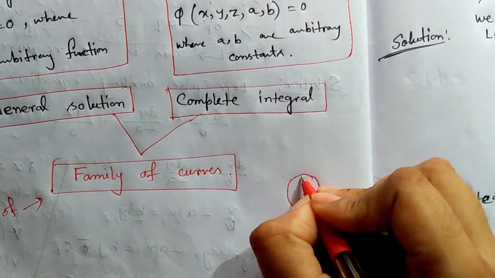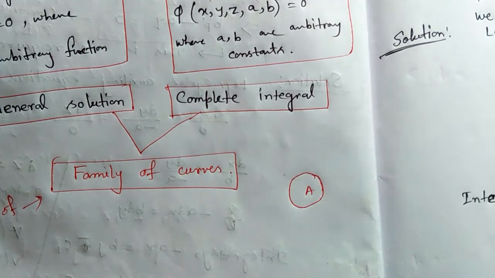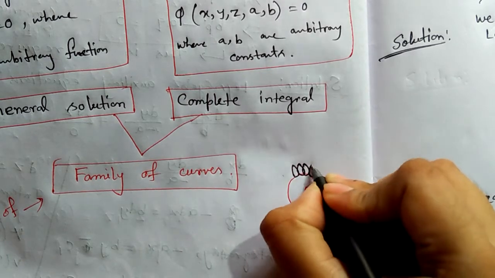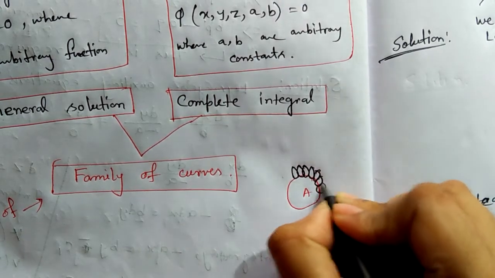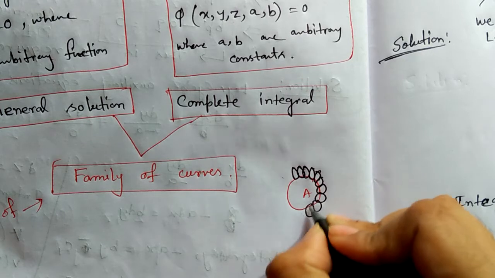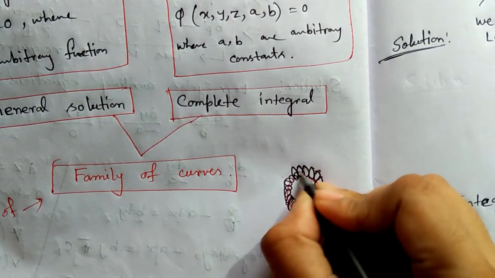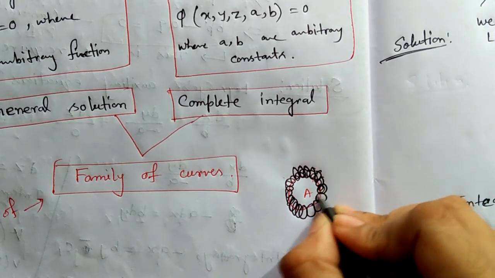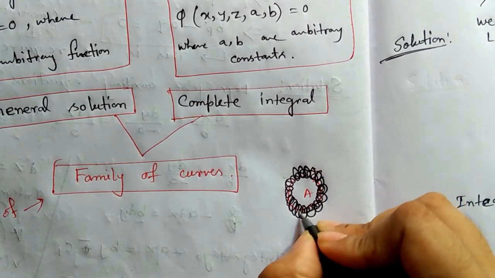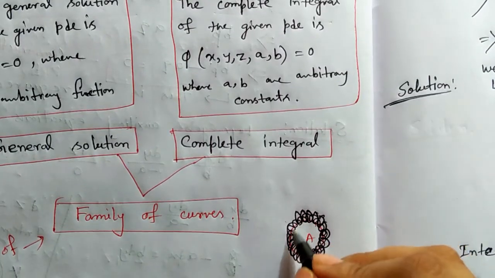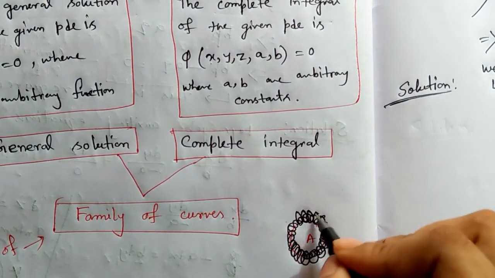Then if the family of curves is like that, there is a family of curves on the black side.